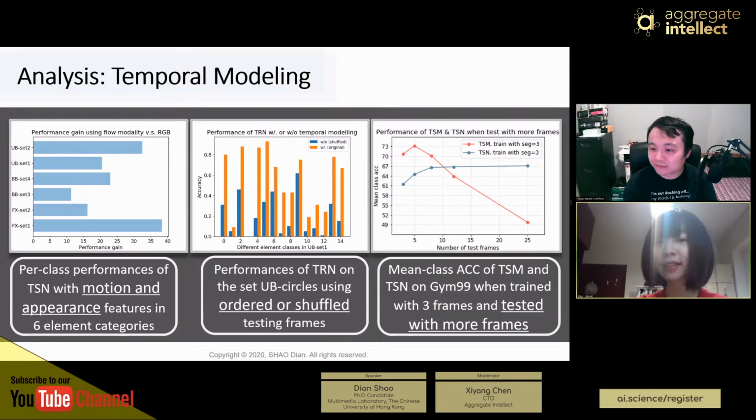First, we train TSM with 3 frames, and we test it with more frames. The temporal shifting module learns the temporal relationships encoded into its backbone. So it's weird because, if you test with more frames, we guess, just our guess, a very different number of testing frames will lead to very different temporal dynamics.